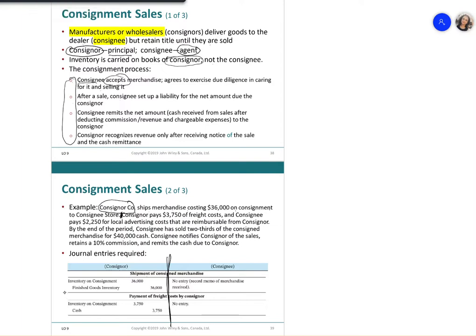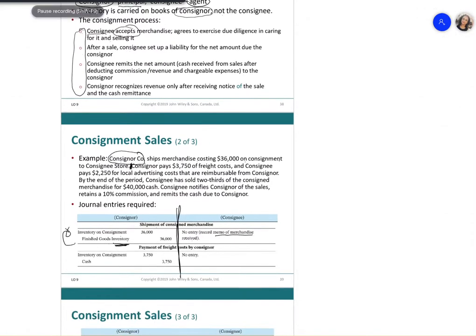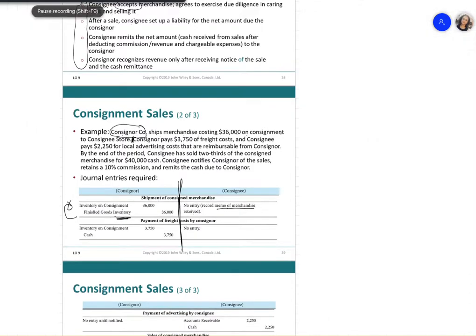We take it out of our finished goods inventory and put it into inventory on consignment. We still have to account for that inventory. The consignee hasn't received it yet, so they just record a memo entry.